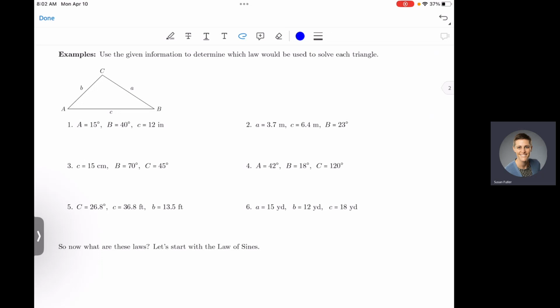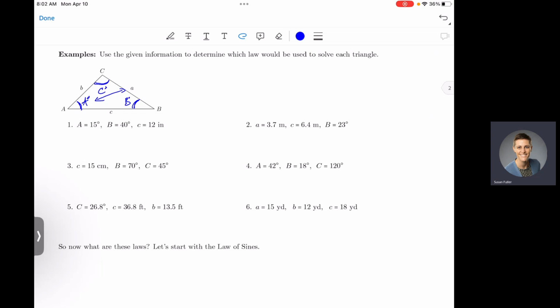So this triangle that we have, triangle ABC, our angles are labeled with capital letters. So angle A here is this guy, C is this guy up here, and B is this guy here. And then the sides are labeled with lowercase letters, and typically the side opposite an angle has the same letter.